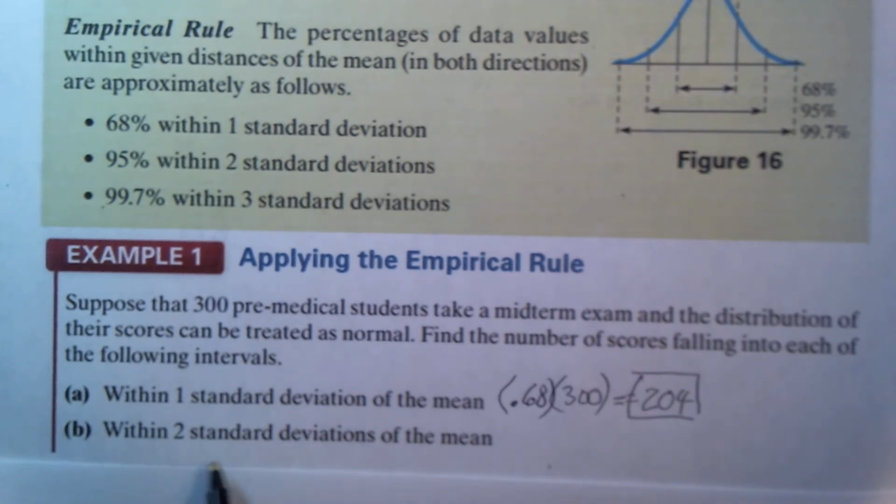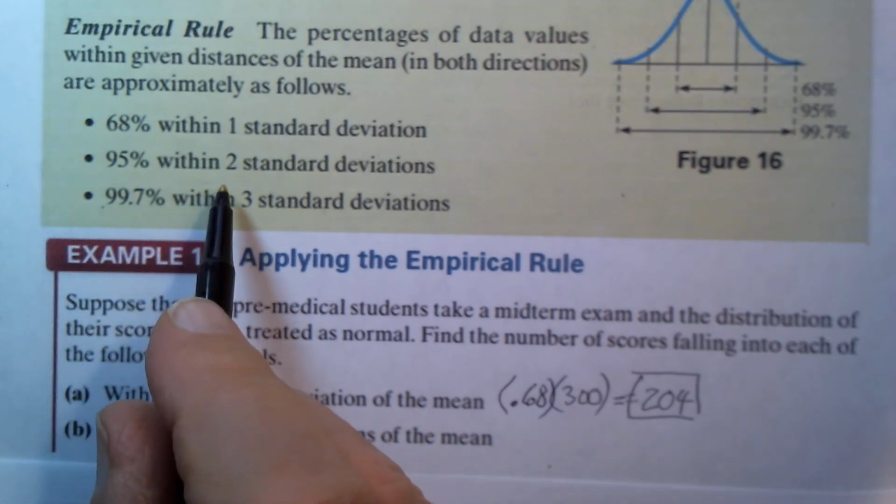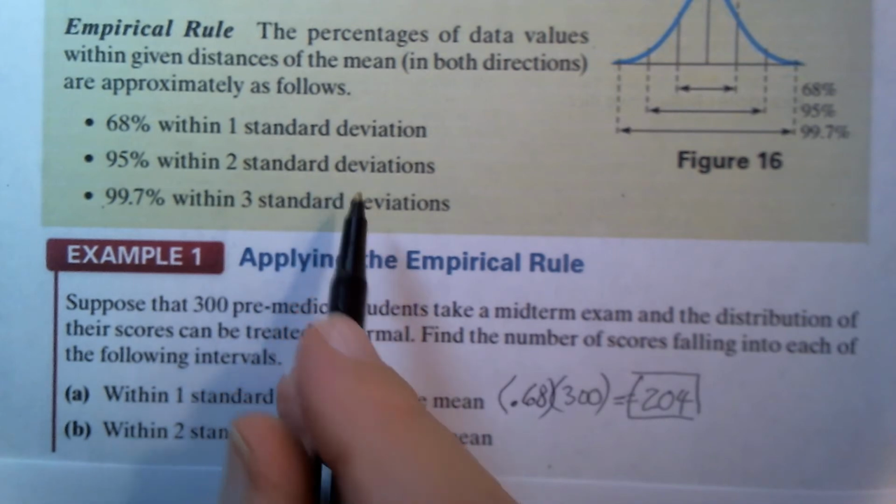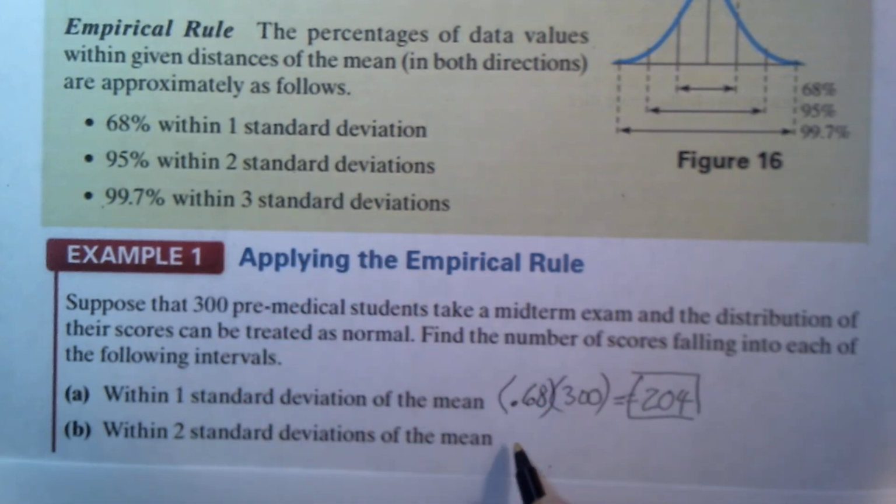Similarly, within 2 standard deviations of the mean, we know that approximately 95% of the data is within 2 standard deviations of the mean, and 95% is 0.95, and 0.95 times 300 is about 285. So we would expect 285 out of 300 exams to be within 2 standard deviations of the mean.